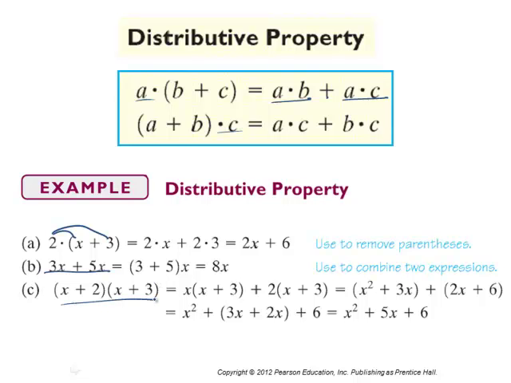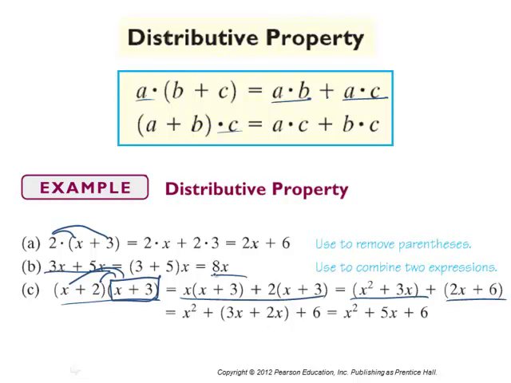Or if you've got x plus 2 times x plus 3, you could distribute the x plus 3, this guy right here, to the 2 and also to the x, like you see that we've done there. And then use the distributive property yet again to get that and to get that.